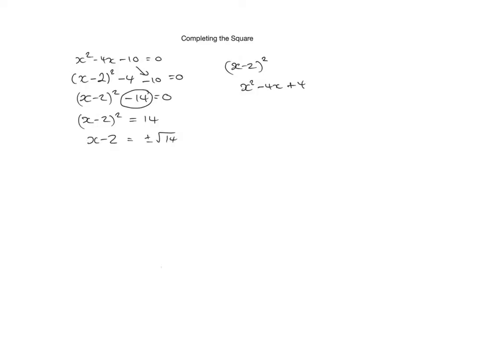Remember that when we do take a square root, we're always going to get a positive and a negative. There's always two answers. Then all we have to do is move this across, so we end up with x is equal to 2 plus or minus root 14, and we are now finished. We have our two answers for x. So we have x is equal to 2 minus root 14, or x is equal to 2 plus root 14.